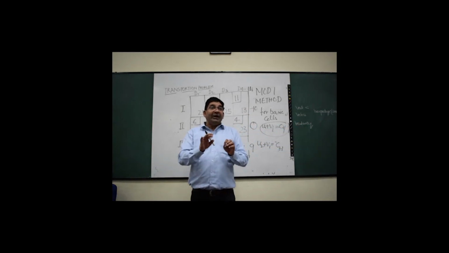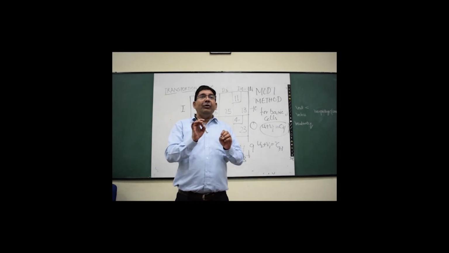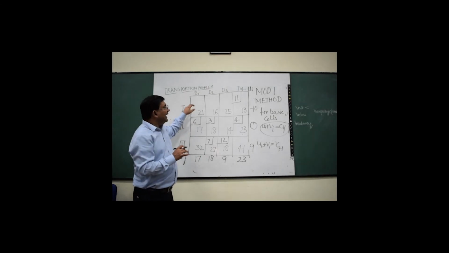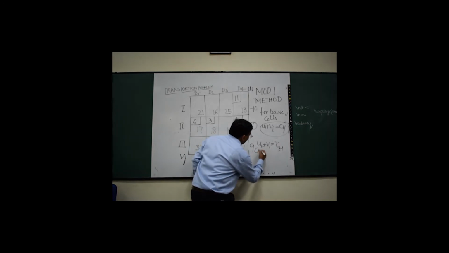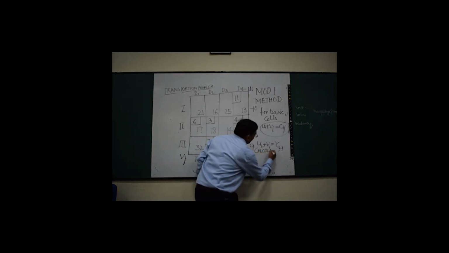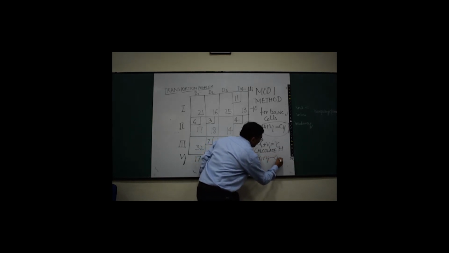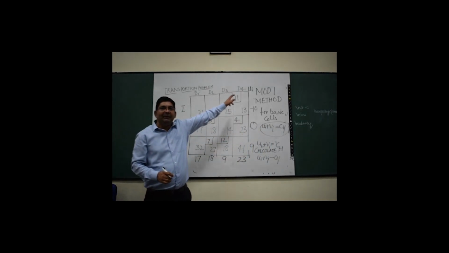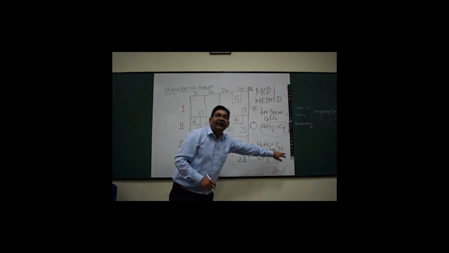Now to check the optimality, we'll again find out for non-basic cells. For non-basic cells, as per Modi method, calculate your ui plus vj minus cij.